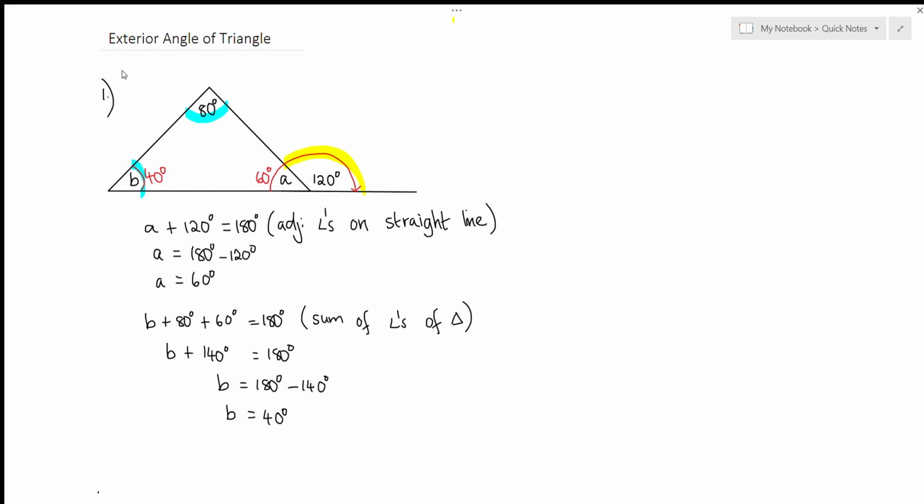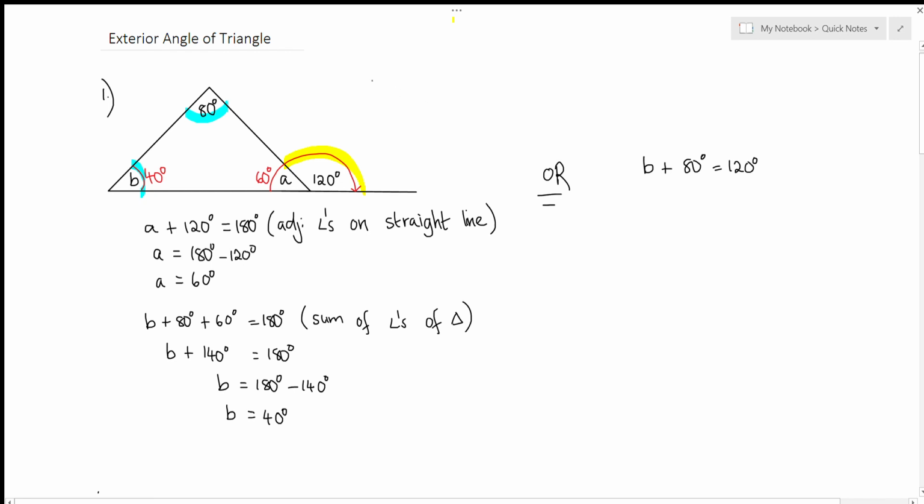So instead of the long method we used, we could just work it out this way. We could find A first by working out adjacent angles on a straight line like we did. Then to find B, we could just go B plus 80 degrees is equal to 120 degrees.